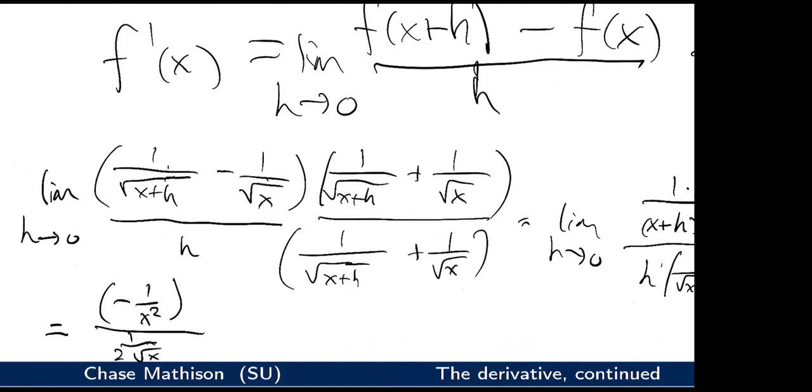And if you want to simplify that, well, I have a fraction divided by a fraction. So I can flip the bottom and turn it into multiplication, right? So this becomes negative 1 over x squared times 2 square root of x over 1.